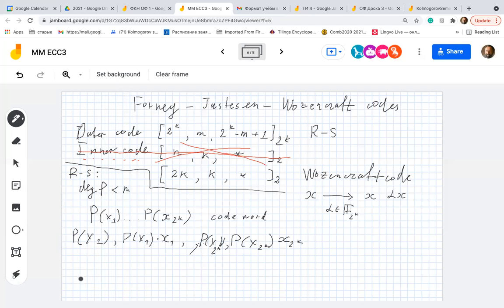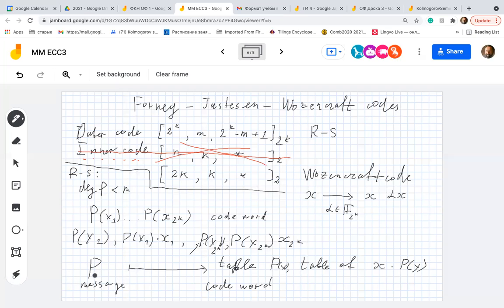So in brief, for the Forney-Justesen-Wozencraft code, we map a message p to the code word, which is the table of values of p of x, concatenated with the table of values of the polynomial x times p of x.